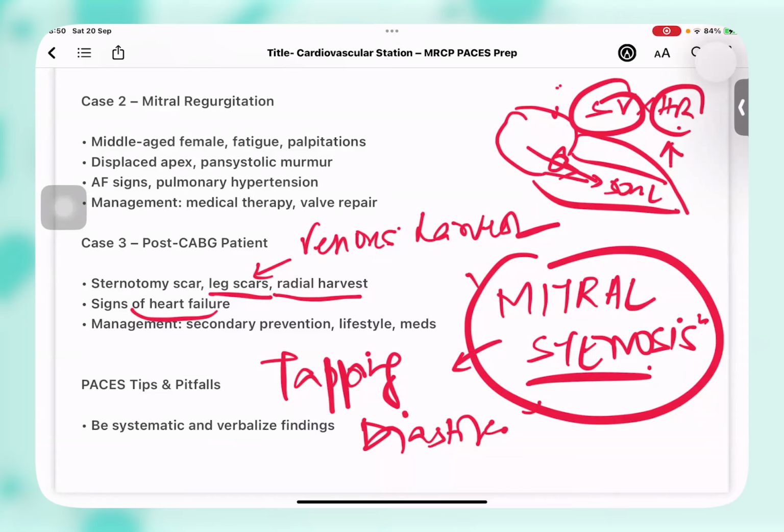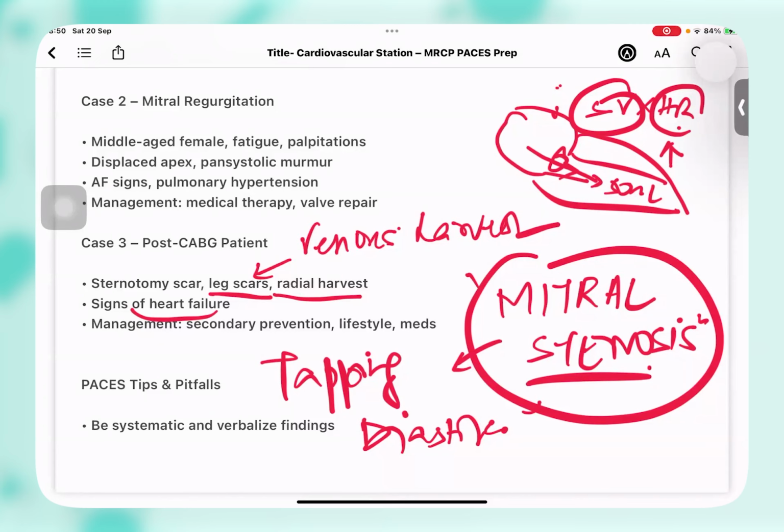So there will be a diastolic thrill at the apex. As I told you, best palpated at the left lateral position, and there is a left parasternal heave as a result of pulmonary hypertension because of RV hypertrophy.